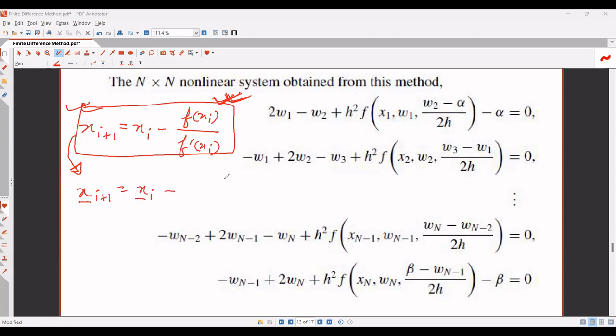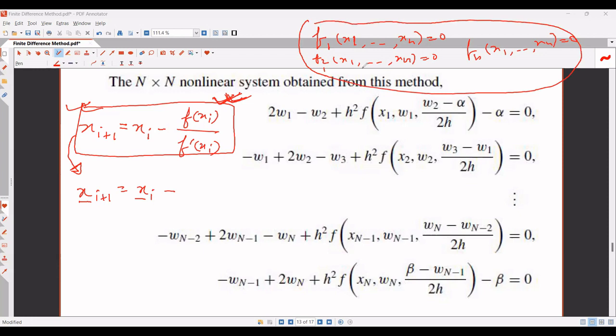Now here is a problem. What is f of x i by f prime of x i? Basically, the system we are trying to solve is f1 of x1 up to xn equals 0, f2 of x1 up to xn equals 0, and finally some fn of x1 up to xn equals 0. This is the kind of system we are trying to solve using Newton's method.